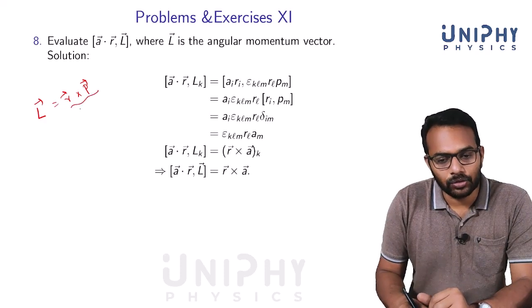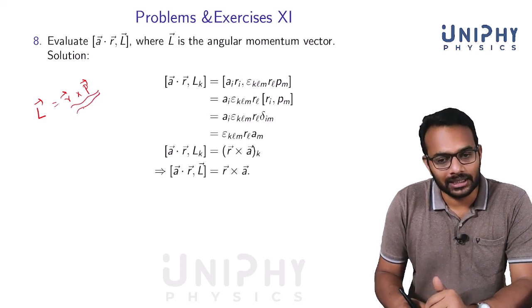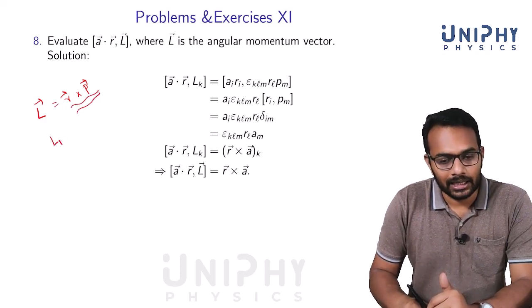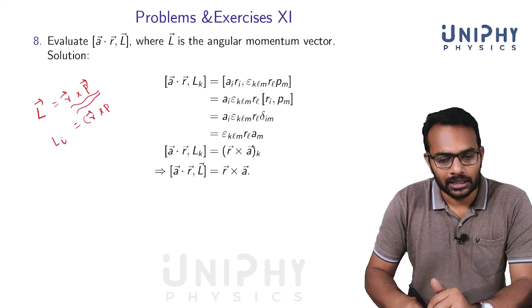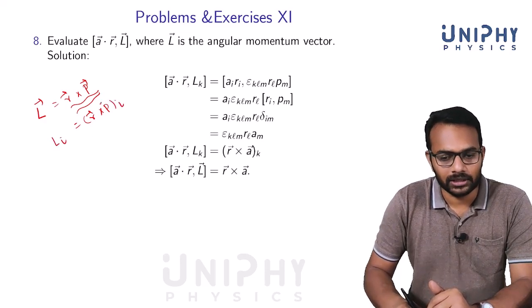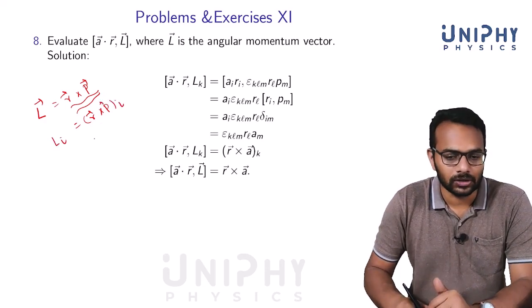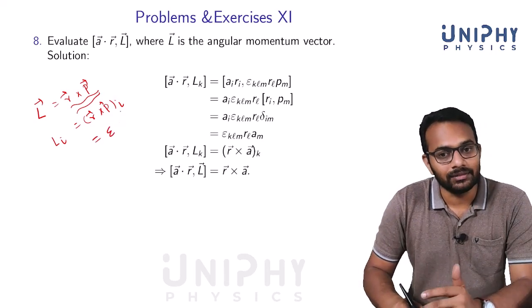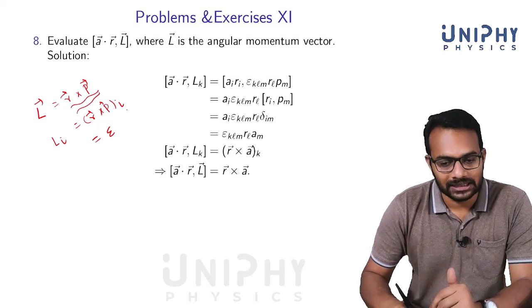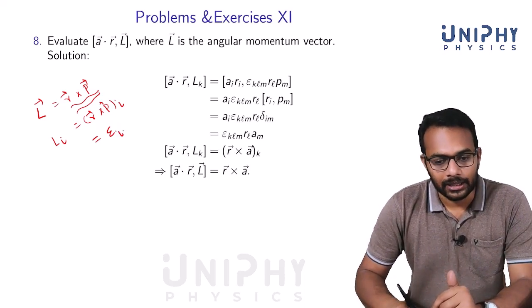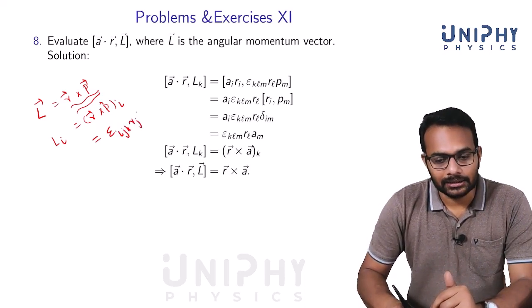Now the kth component of this cross product, it could be the x component, y component, or z component, can be written using the Levi-Civita symbol. You could also take the determinant, but it amounts to the same thing. This is epsilon_ijk r_j p_k.